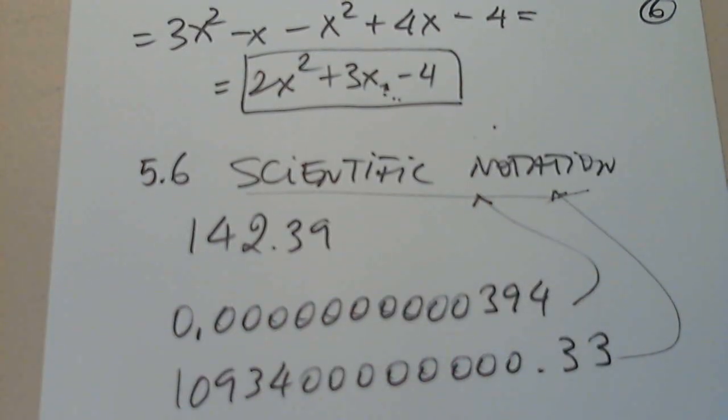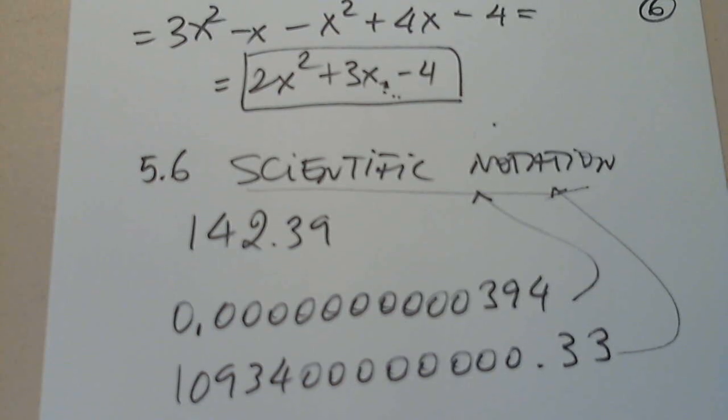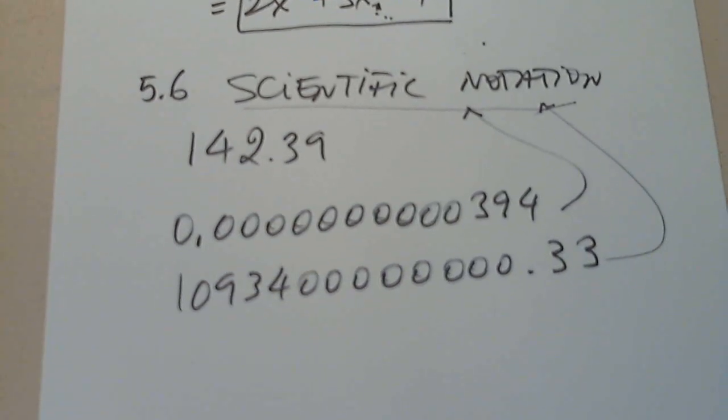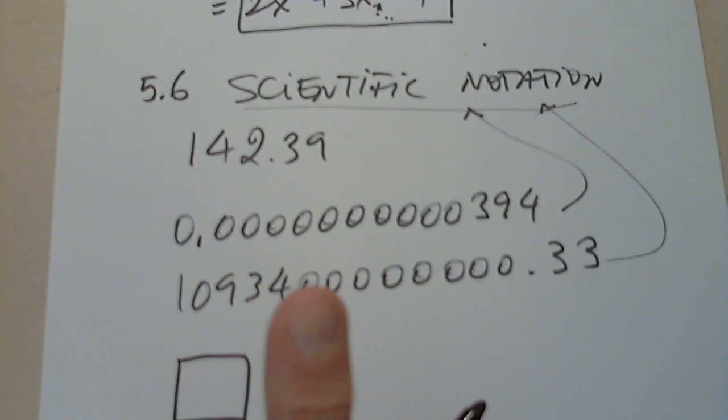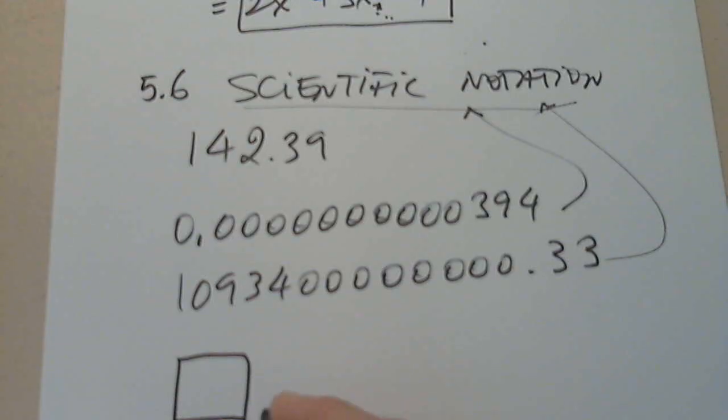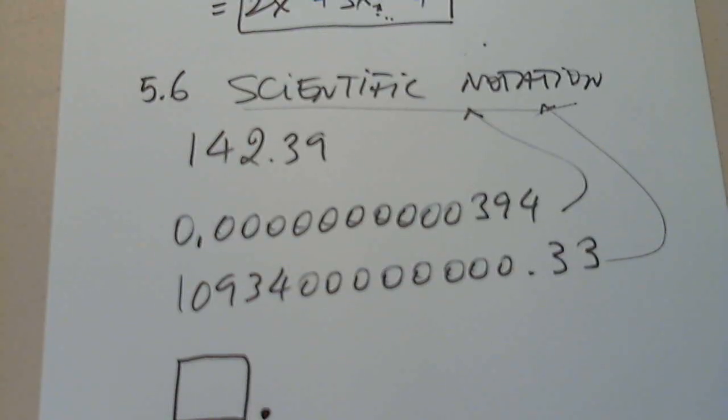Okay, so first of all, what is the definition of the scientific notation? How does it look? The scientific notation looks like this. One digit, and this digit can be anything from 1 through 9, not 0. Then the decimal point. Then whatever.